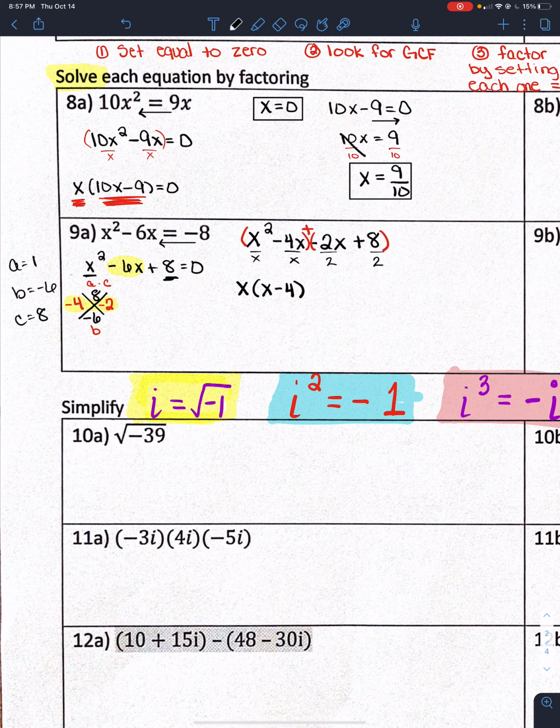Okay, so -2 divided by 2 would give me -x, but I want it to be a positive x so that it matches this one. So I'm actually going to factor out a -2. -2x divided by -2 leaves me with x. And then I get -4, because 8 divided by -2.